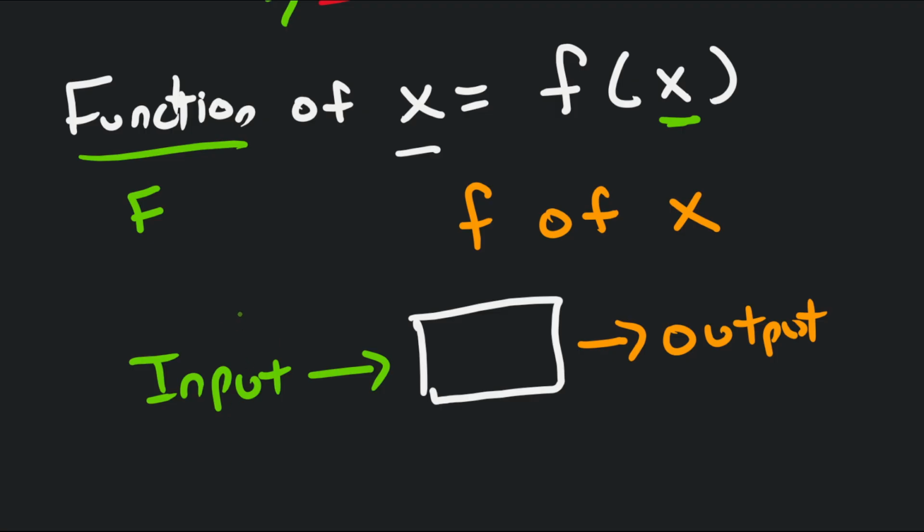So you have an input, that's x in our case, and you put it inside this function right here. So this function, it's a machine. You put the input x into this machine, and it spits out something new. It spits out whatever f of x is. And that is your output.